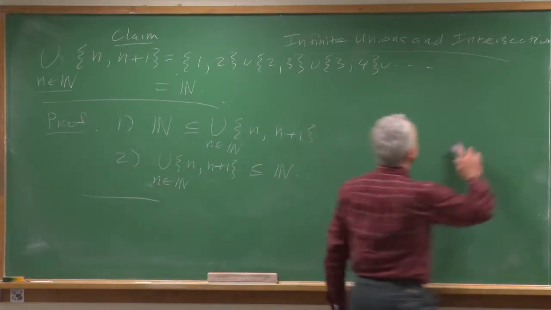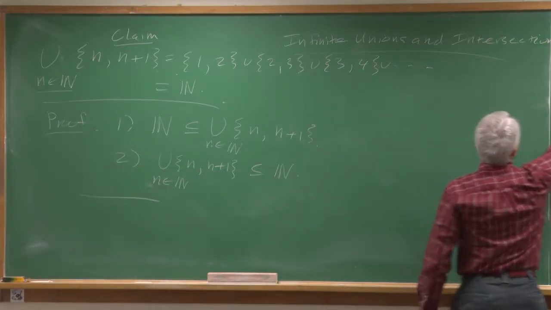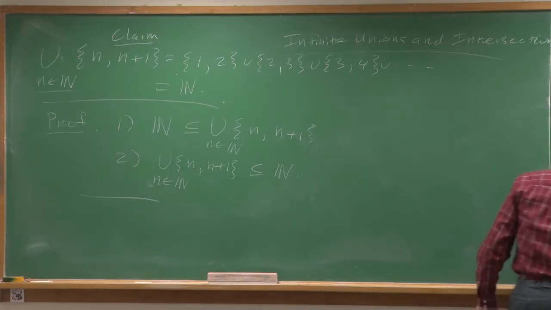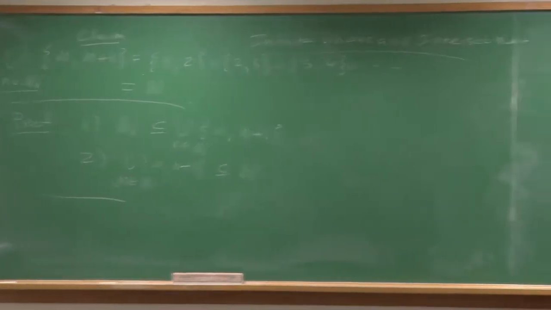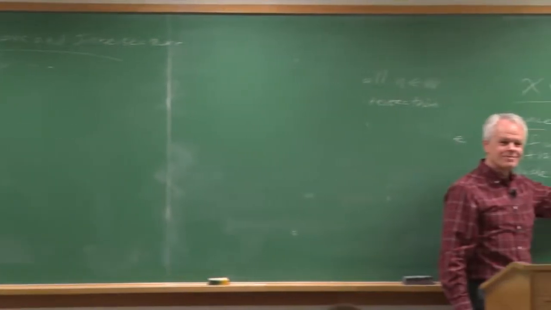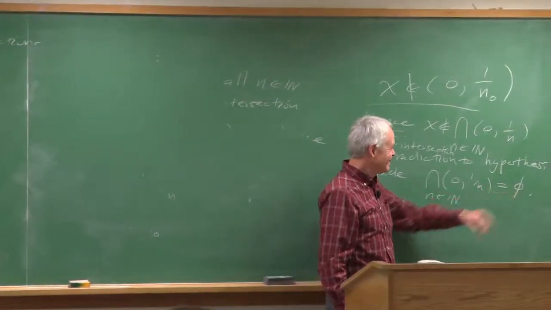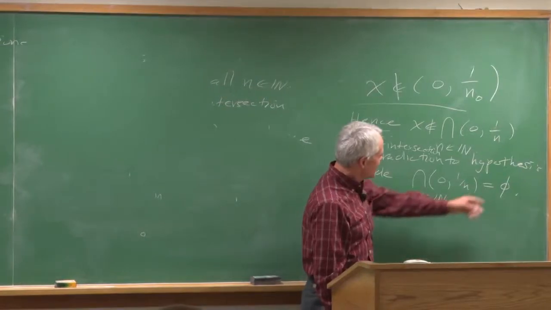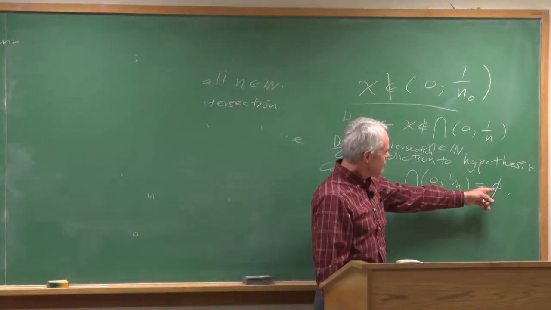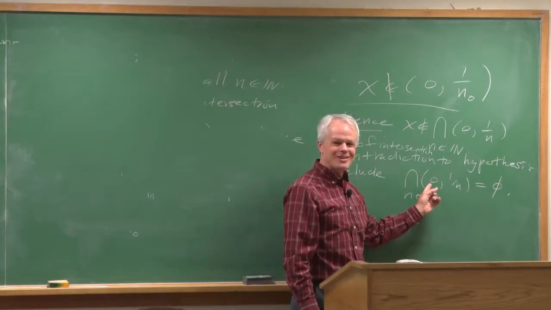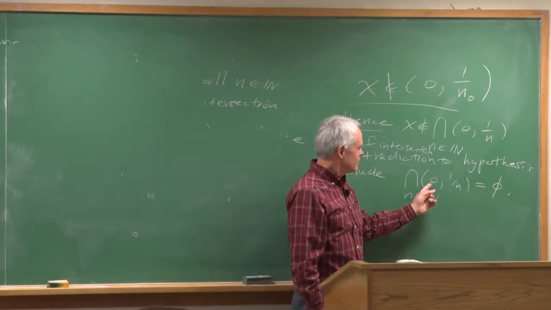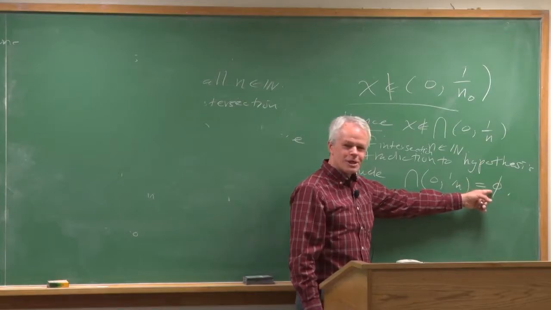Oh, by the way, why didn't I have to do two parts over here? I wanted to show these two sets are equal. So the other part would be to show that this one is contained in there, right? Is there really anything to show?